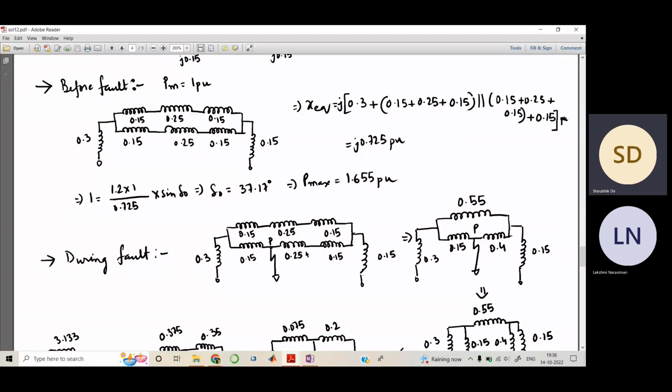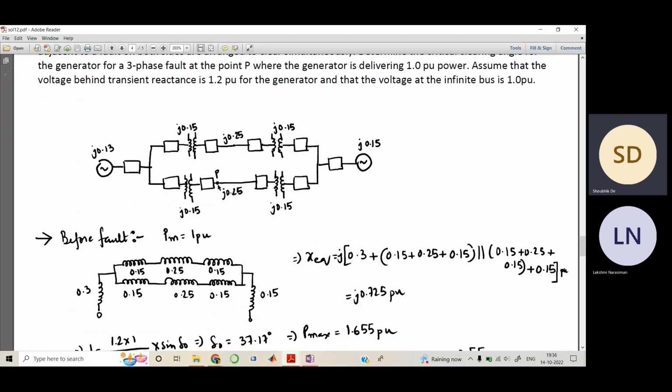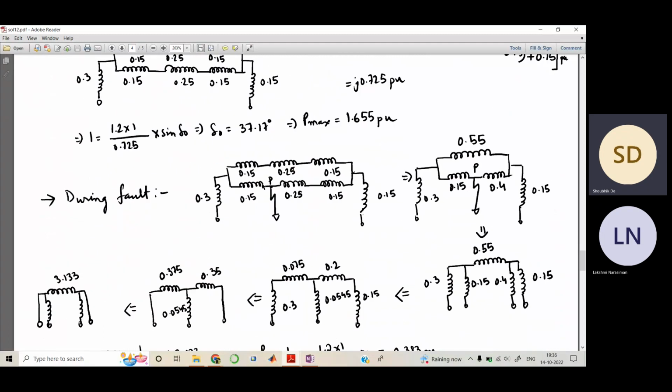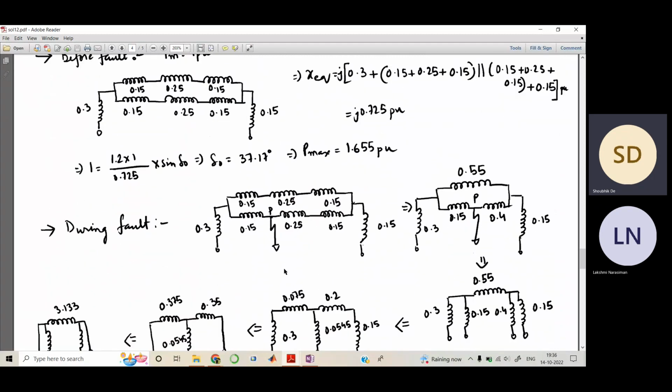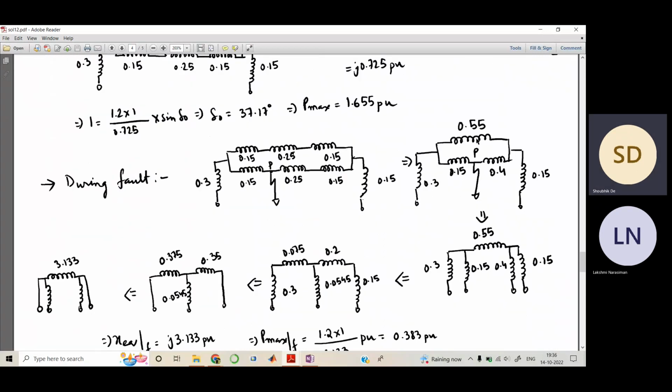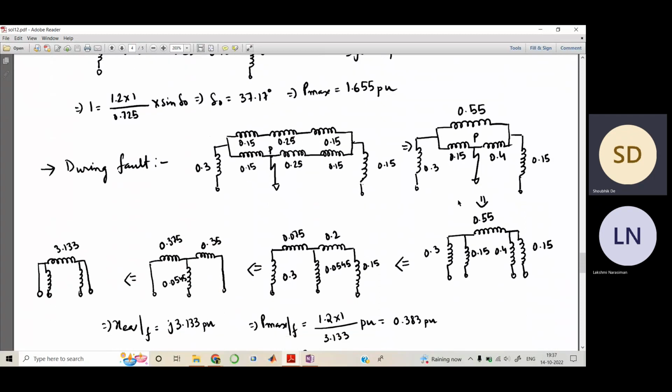So during the fault, as we can see, the fault occurs at point P, just after the transformer, just before the transmission line. I have tried to simplify it. This is 0.55, this is 0.15 and this is 0.4.